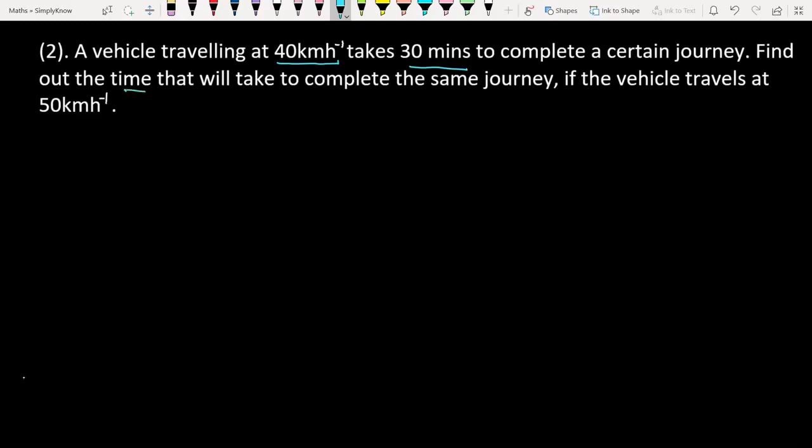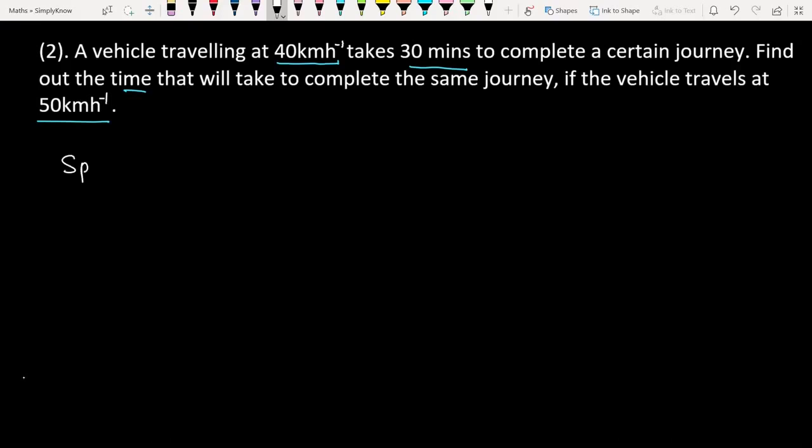Find out the time it will take to complete the same journey if the vehicle travels at 50 kilometers per hour. Now, this is a relationship between speed and time. So, it's different from the previous sum.